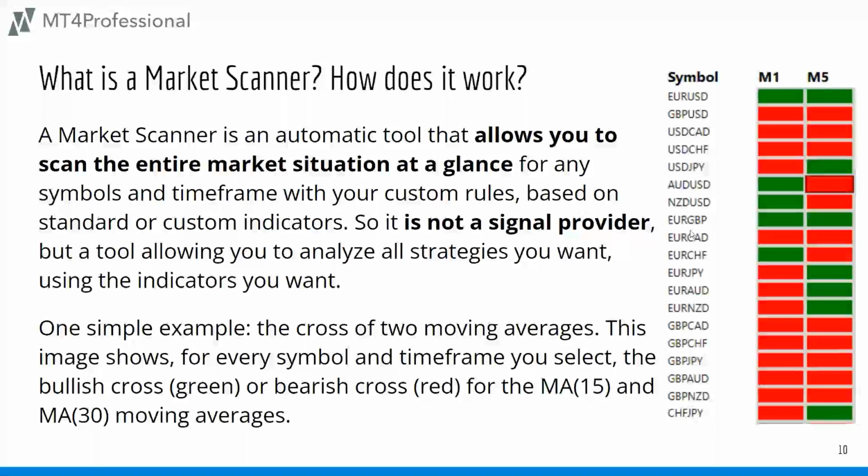I don't have to worry about going out and looking at each individual one of these. All I need to see is that the Australian US dollar is bullish on the 1 minute, but the longer term is bearish. So if this changes back to a red or bearish state, I know that's a really great setup for me as a continuation move.